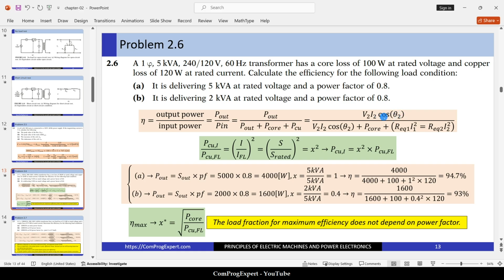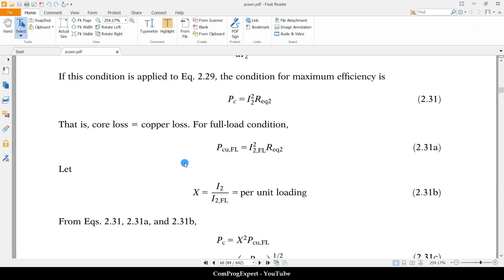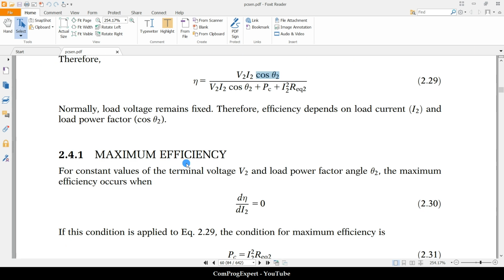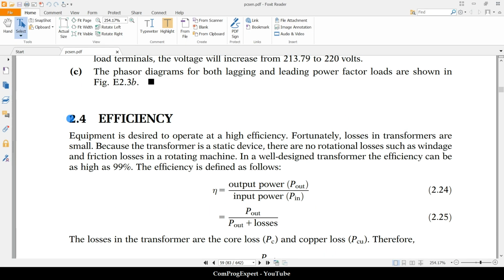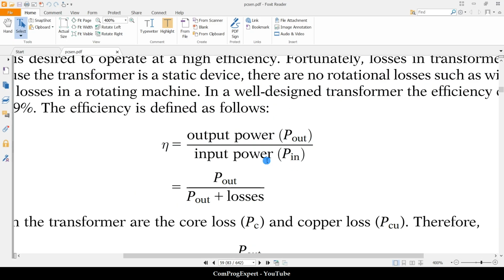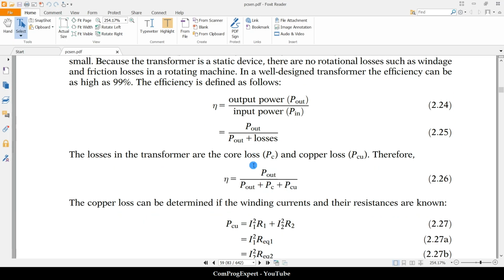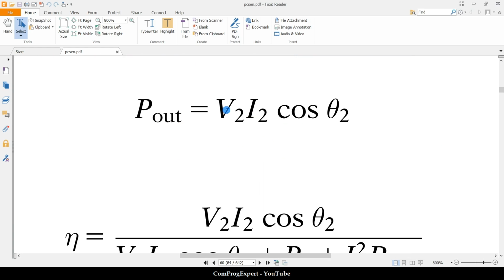Theta 2, right, is the angle of the load impedance. So here you can see the efficiency part, part 2.4 of the second chapter. This is the definition of the efficiency. So the output power is equal to V2, the voltage of the secondary side, I2 times cosine of theta 2.